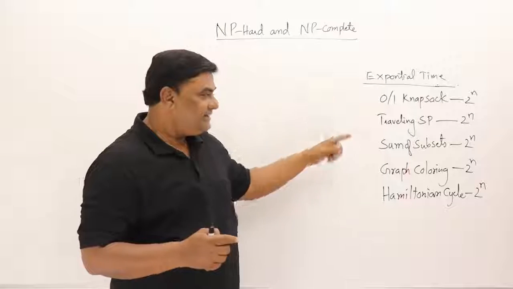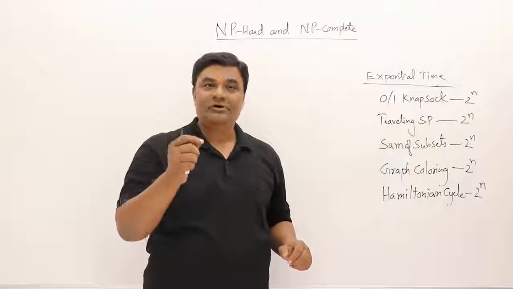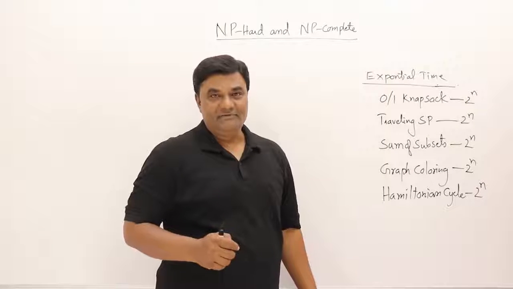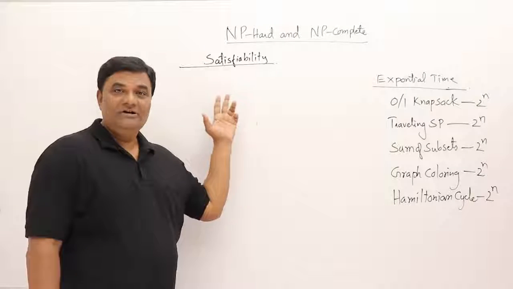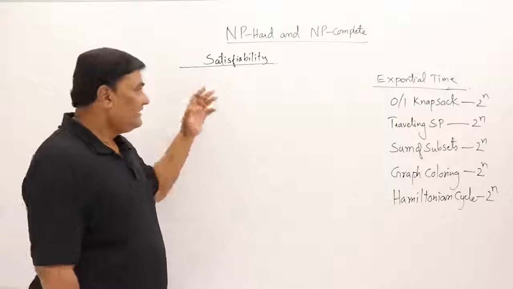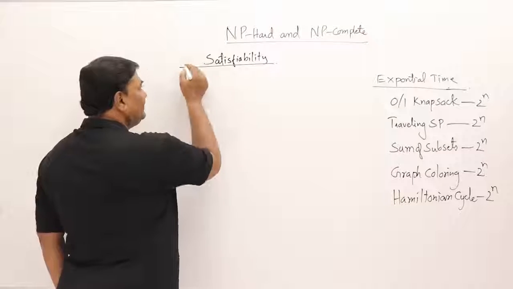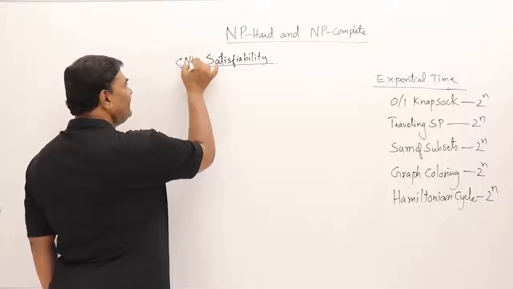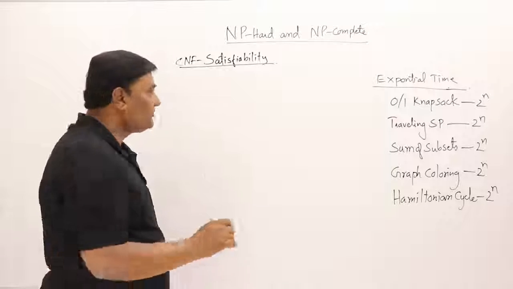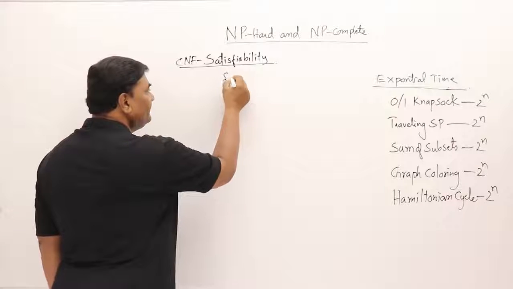For relating them together, we need some problem as a base problem. Which problem do we take as the base problem? The base problem is the satisfiability problem. What is this? This is a CNF formula, that is, a propositional calculus formula, using Boolean variables.